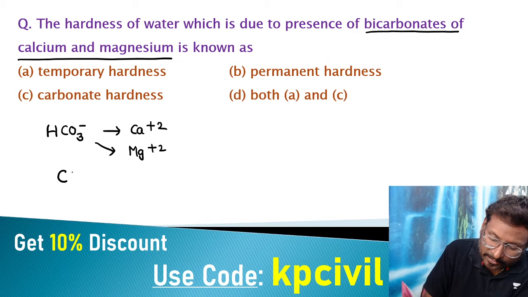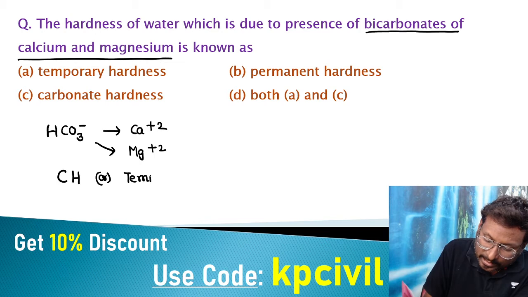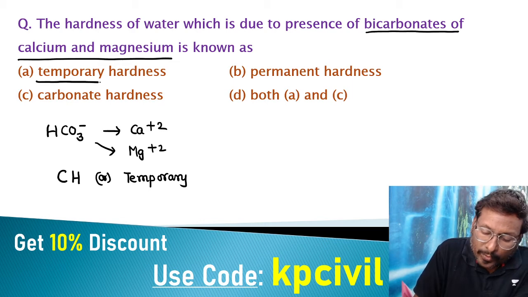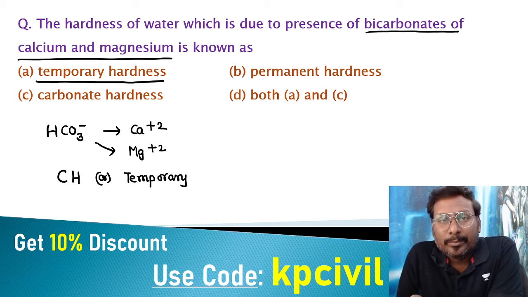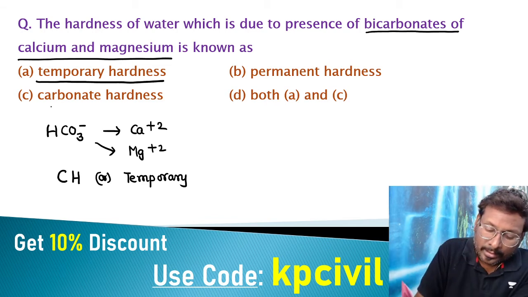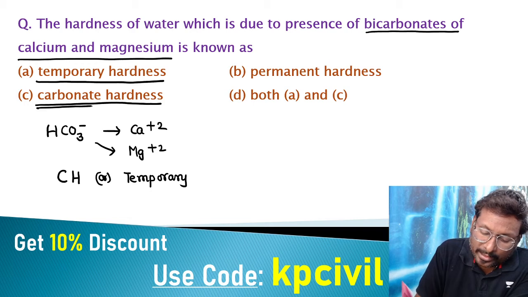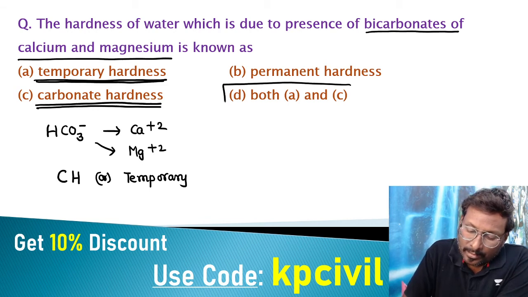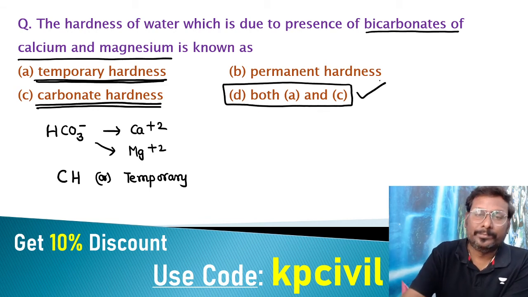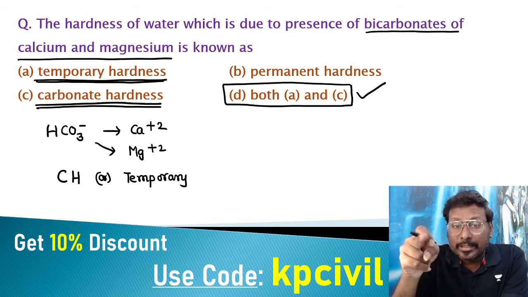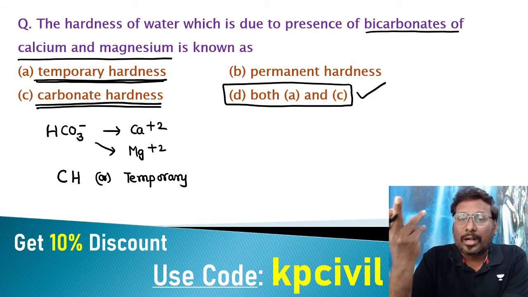Ultimately it causes carbonate hardness, and the carbonate hardness is called temporary. So blindly we go for option A, we never see options B, C, D. When you are writing a theory question, you have to read all options. Temporary hardness is also called carbonate hardness. Answer is both A and C. Easy, but easy when you read all options given in the question. It's not easy if you are not reading all options.